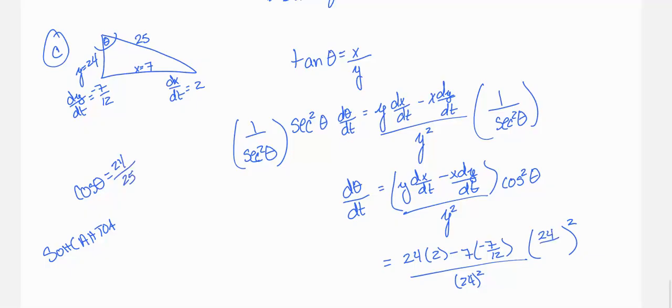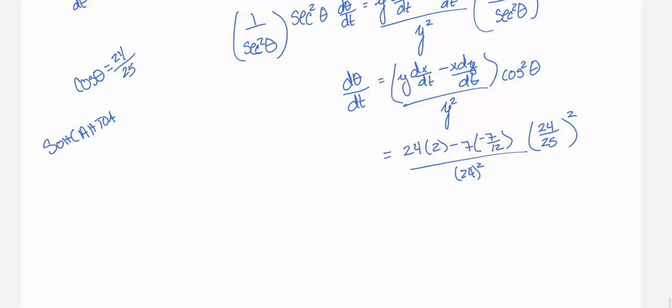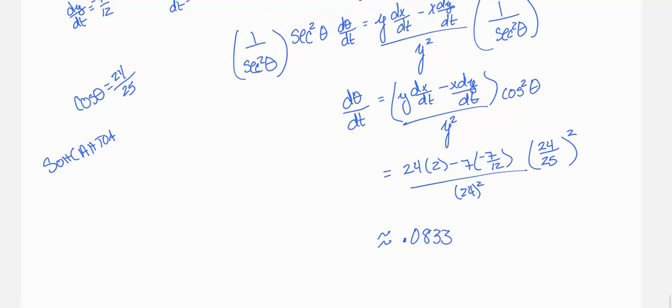So I know that value. And I'm just going to plug this in my calculator. And I got that the angle is changing at a rate of 0.0833. And that would be in radians per second.